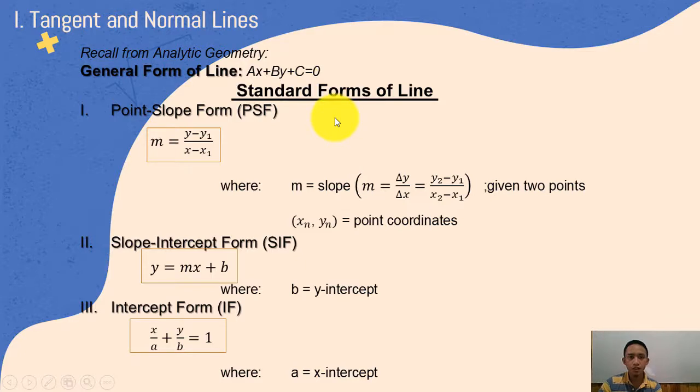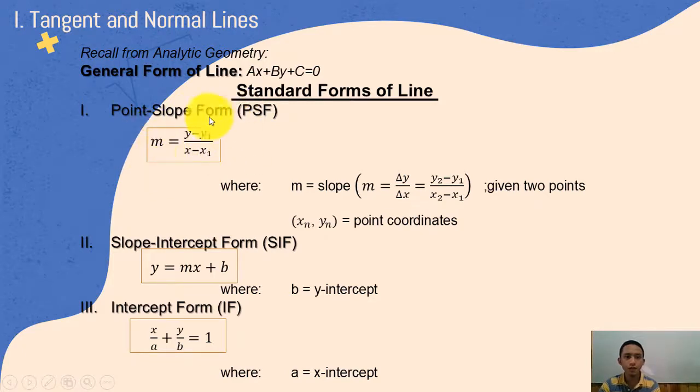If we rewrite this into other forms, we call these the standard forms of a line, wherein, if you rewrite it into these forms, we will have the parameters of the line. The parameters are the characteristics of the line. Let's start with the first standard form, which we call the point slope form, PSF.